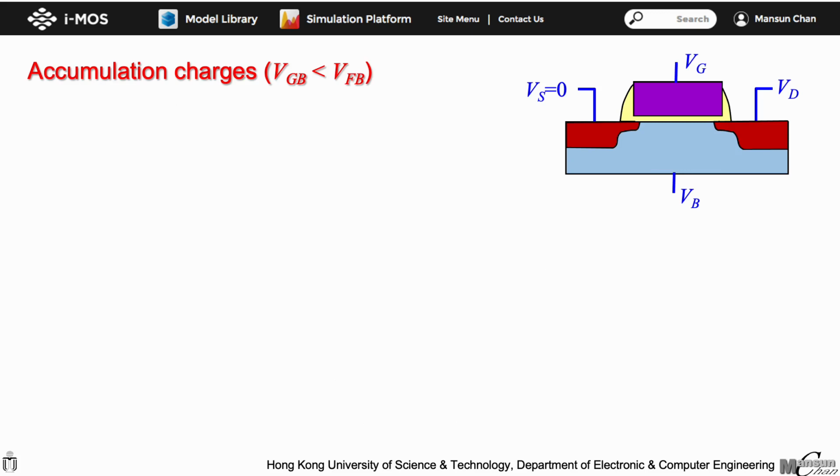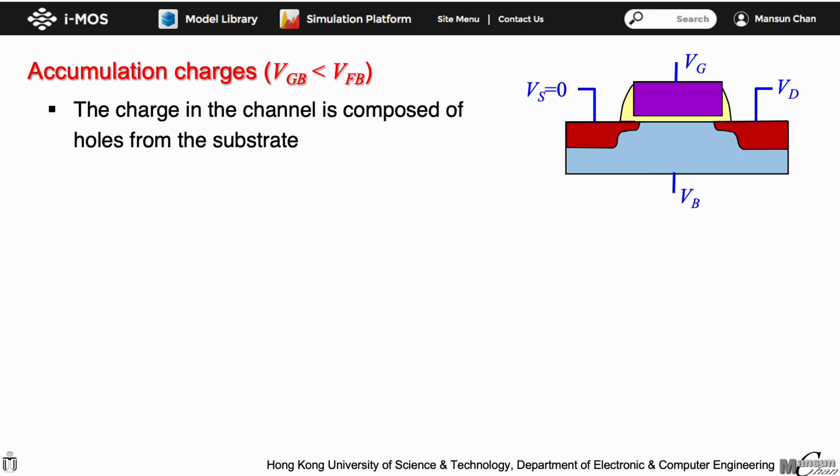We start to derive the charge equations from the accumulation region, which happens when VGB is more negative than the flatband voltage. In this case, the charge in the channel is mainly composed of holes from the substrate. So, the accumulation charge is associated with the body node, and we label it as QB.